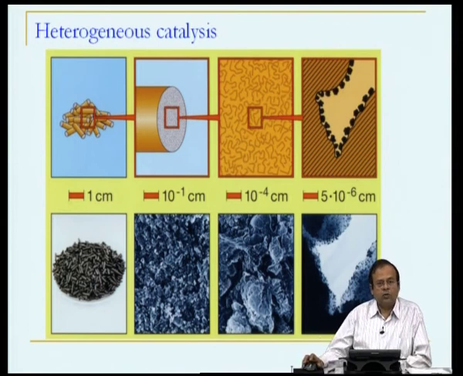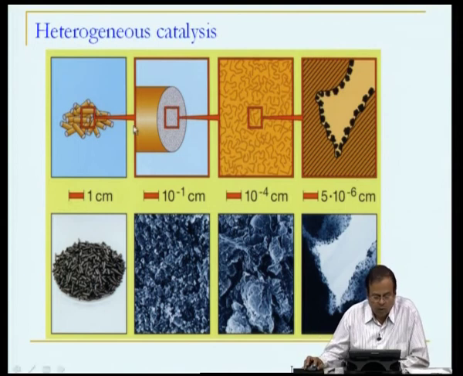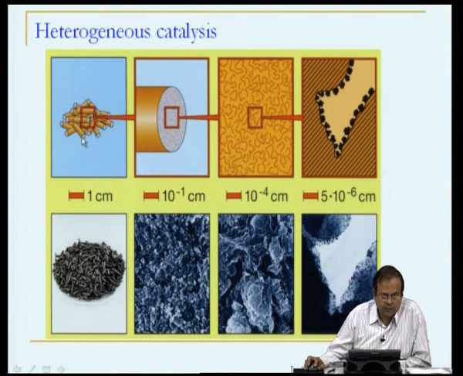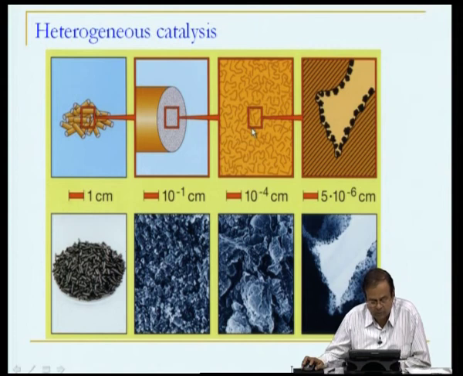This is again a cartoon illustration of what actually is happening. This is, let us say, my cylindrical catalyst. If you enlarge it, you see small pores on the micron level size, you will see the catalyst material deposited, and these are in fact the real SEM photographs and micrograph of course of the same material. This is a cartoon representation.